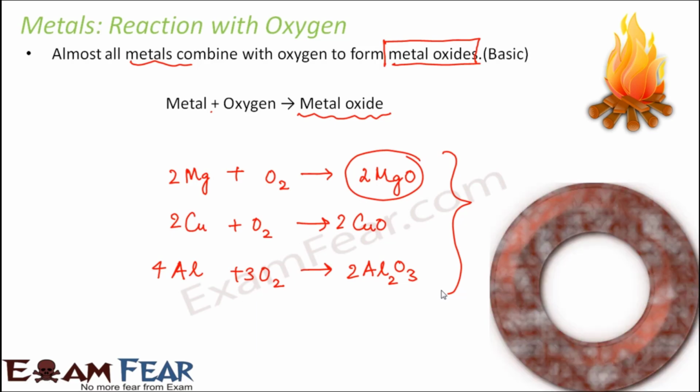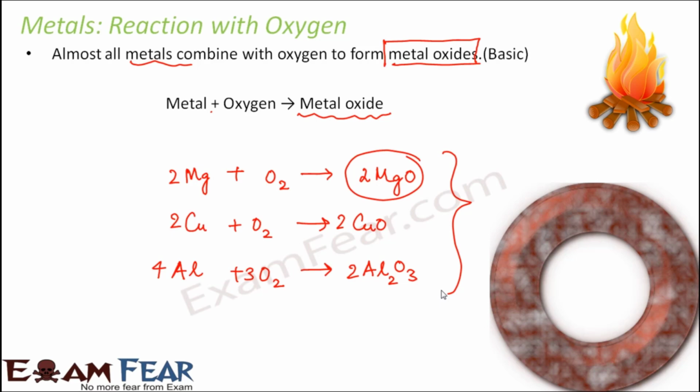So let us take the example of rusting. Have you ever seen that when any object which is made up of iron is kept outside, exposed to air and water for a long time? Or let us say you have some iron bucket or iron vessel, and you have left it outside, so obviously it is exposed to oxygen, it is exposed to air, and let's say that the air is moist, so the air has water.